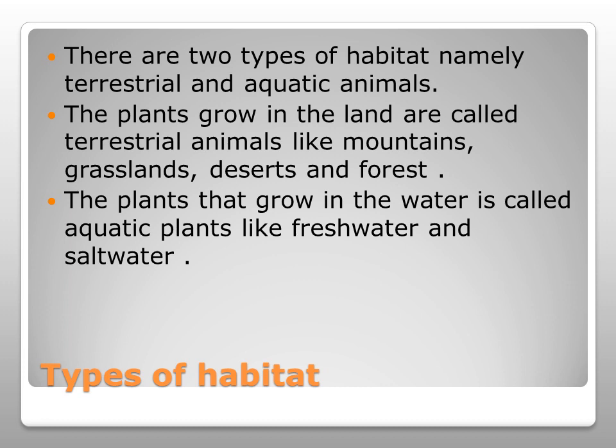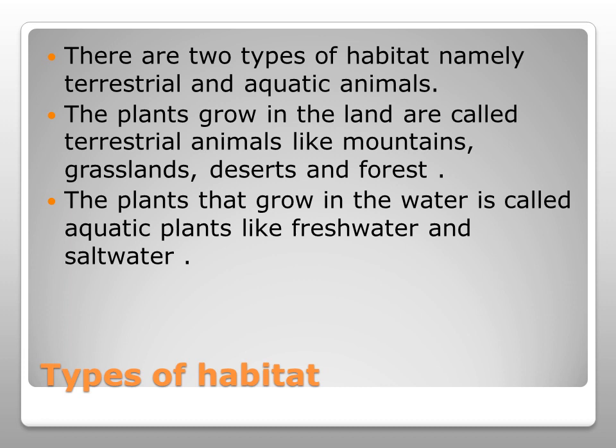Terrestrial means plants and animals which grow on land like mountains, grassland, desert and forest. Plants and animals which live on land are called terrestrial plants and animals.